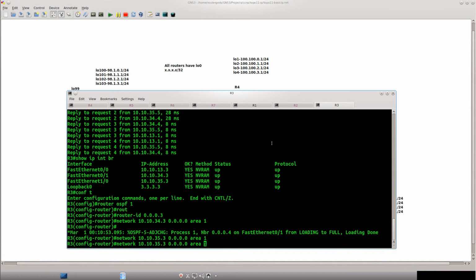And you can hit the up arrow again and change that to the loopback address, which is 3.3.3.3. Right? Always use those keyboard shortcuts. Makes things a lot easier.